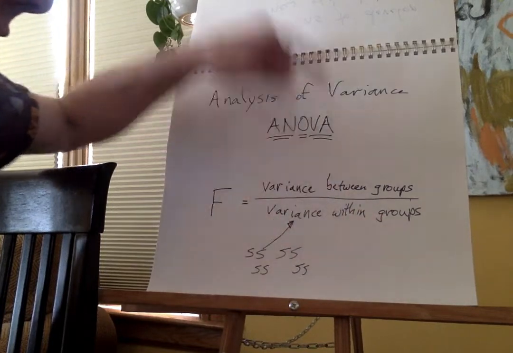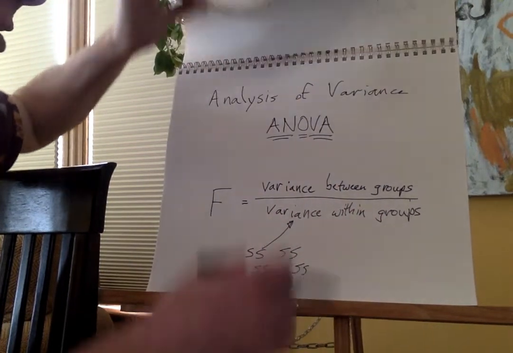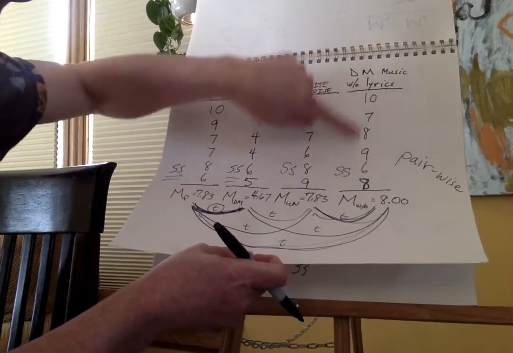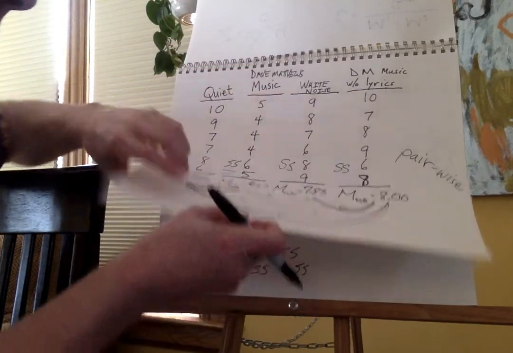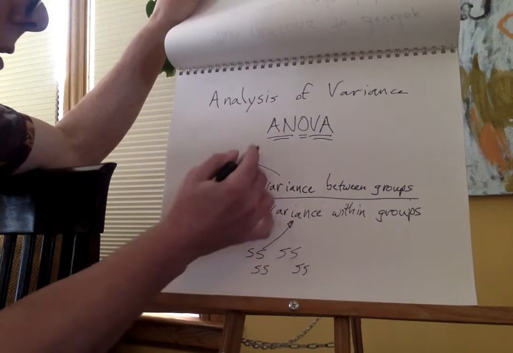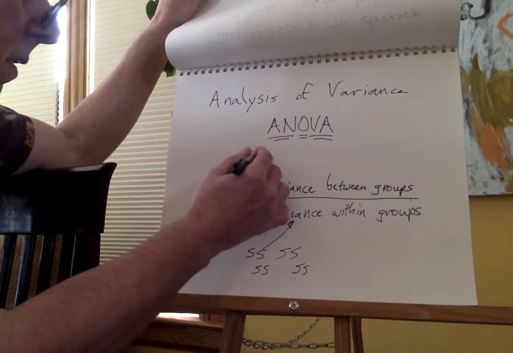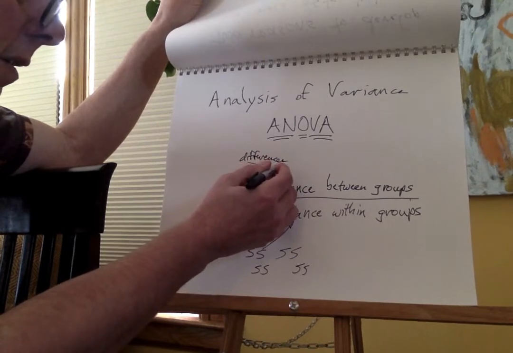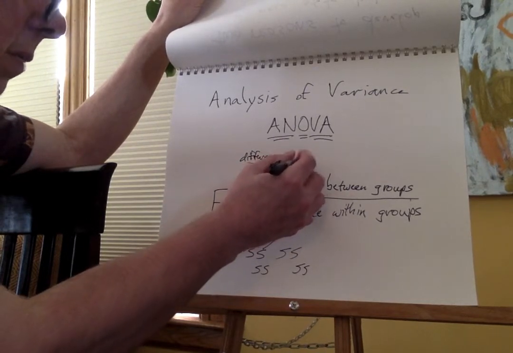This is the variance that we see within the groups. When people are being treated in the same way, we still see that there's variability. This is the differences, now in this case, differences between the groups.